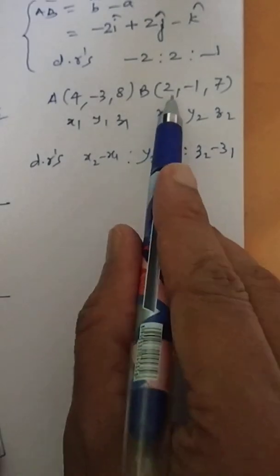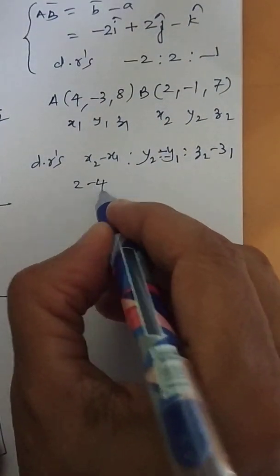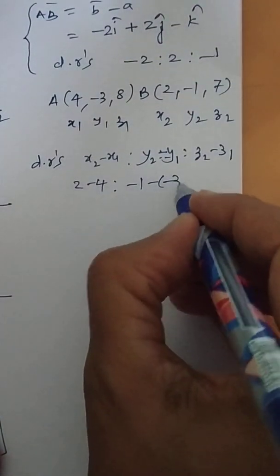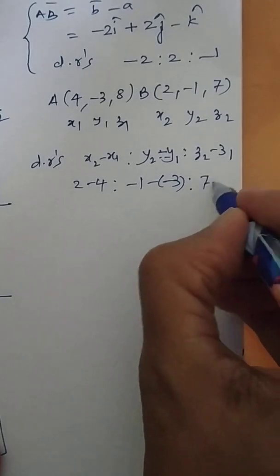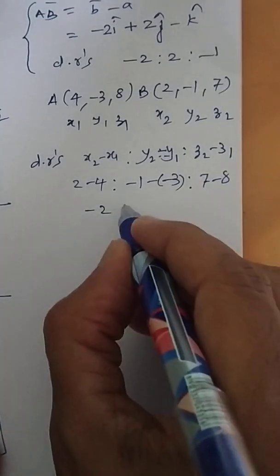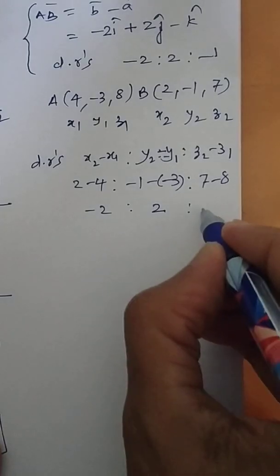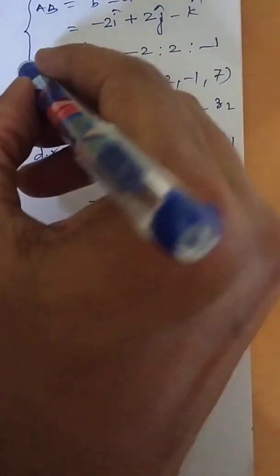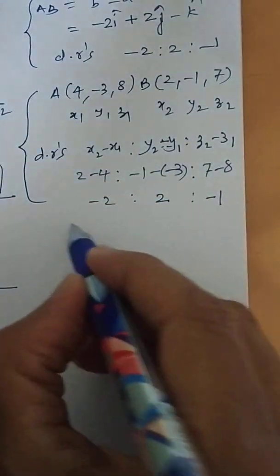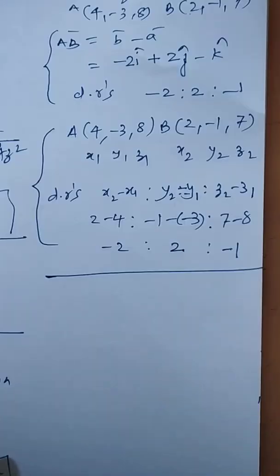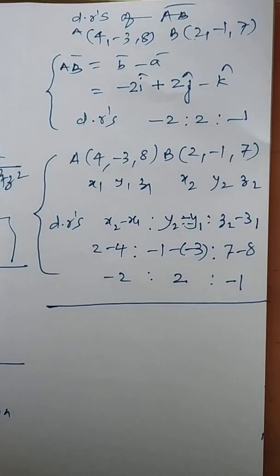Look here, 2 minus 4, -1 minus of -3, 7 minus 8. Simplify, -2, over here 2, this is -1. So you know the vector approach, you know the Cartesian approach to find out the direction ratios.